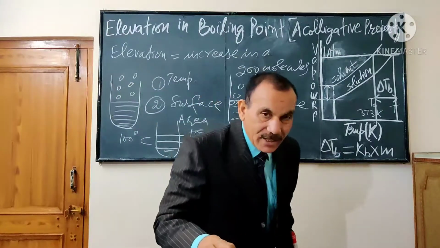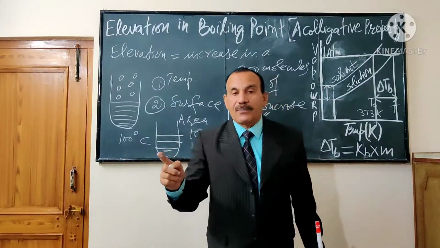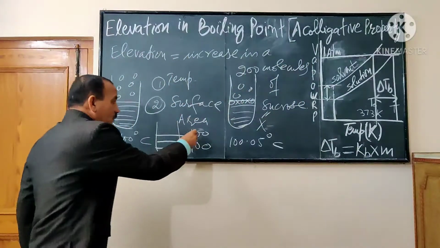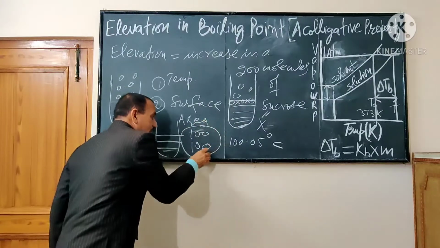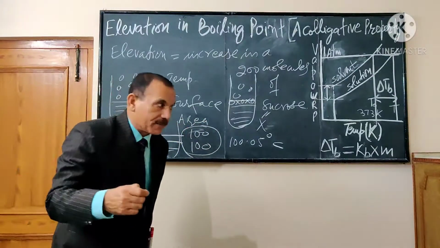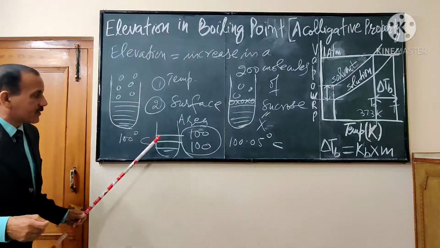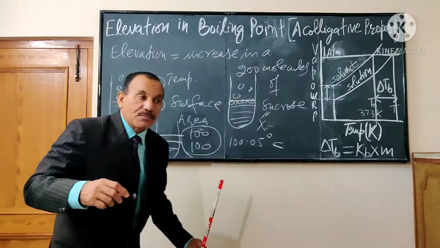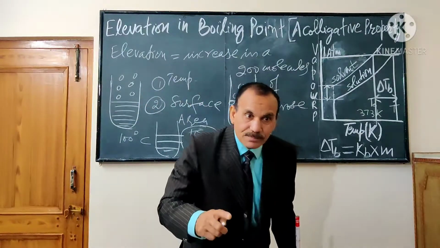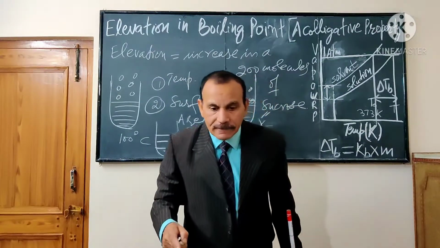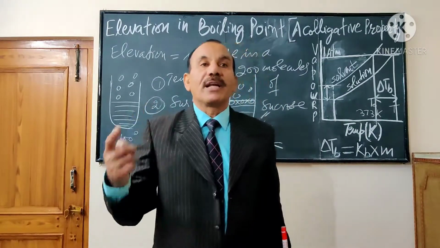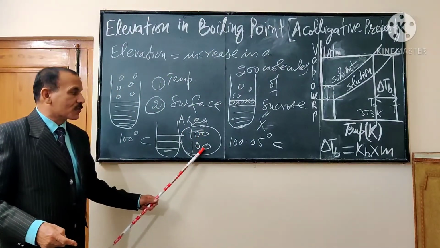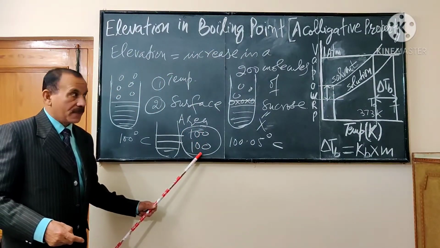We are adding two different types of solutes, sucrose and urea, but the total number of molecules is 200. Again, the boiling point of this solution is 100.05. There is the same increase in the boiling point on changing the nature of solute particles.